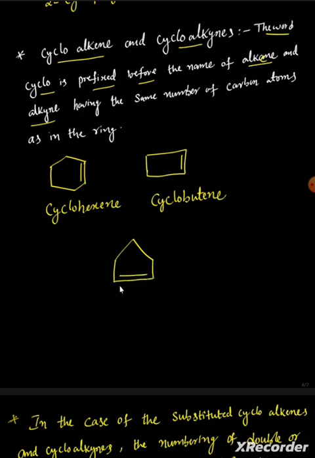Okay, this is 5-membered carbon ring, having triple bond. This name is, take it as cyclopentyne. This is cycloalkyne.